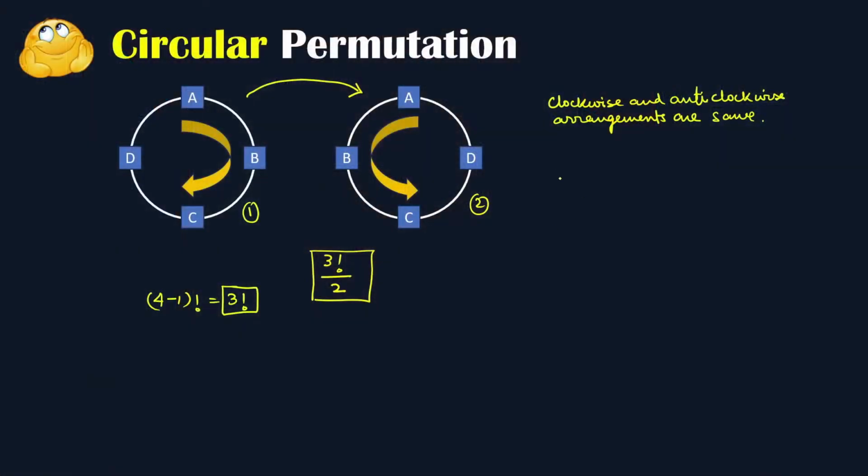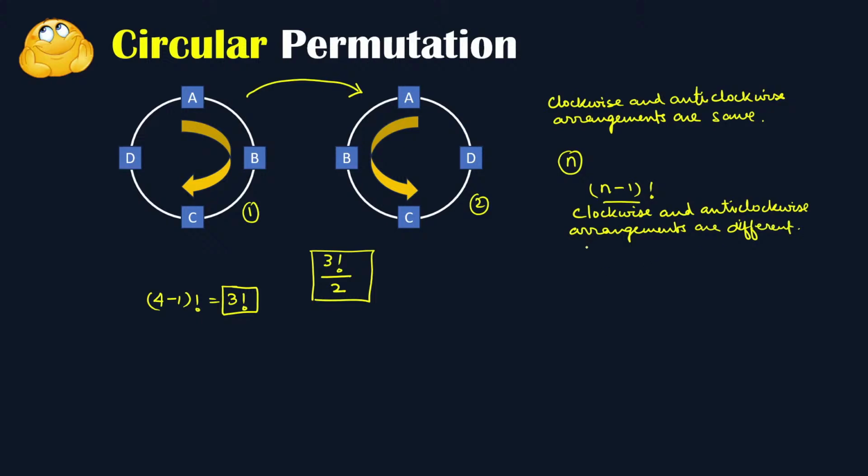So if there are n people sitting around a table, and your clockwise and anti-clockwise arrangements are different, then the total number of circular permutations will be n minus 1 factorial.